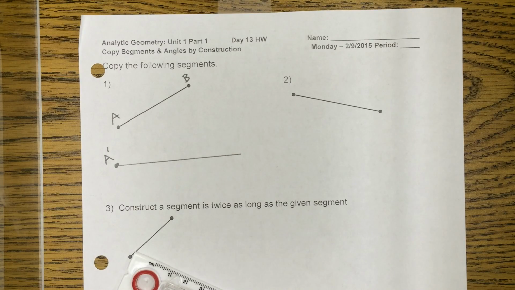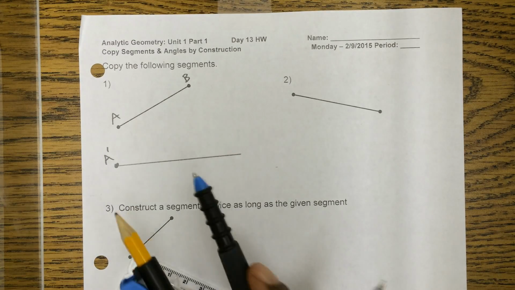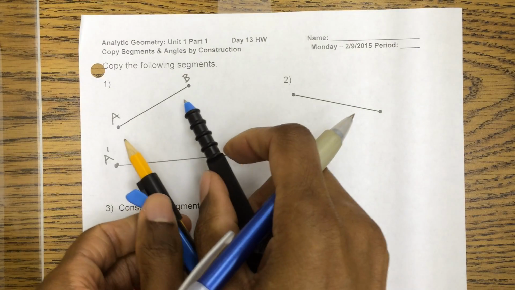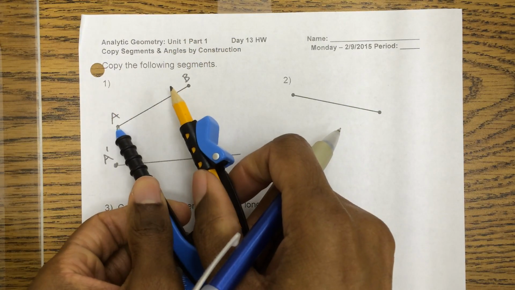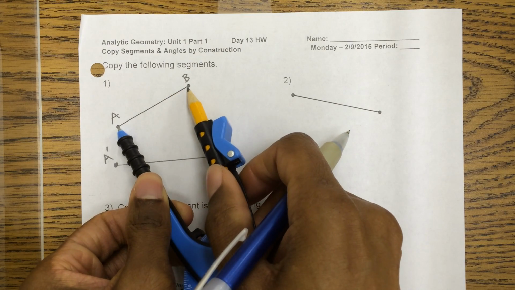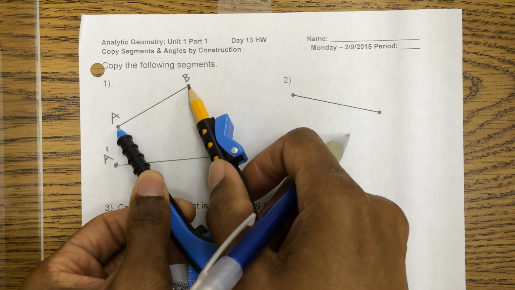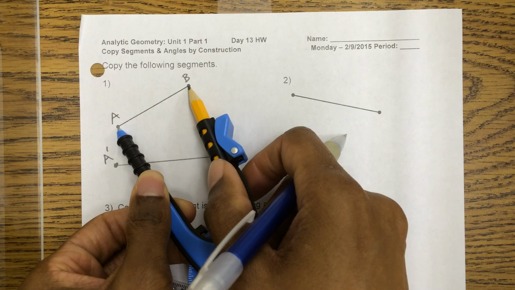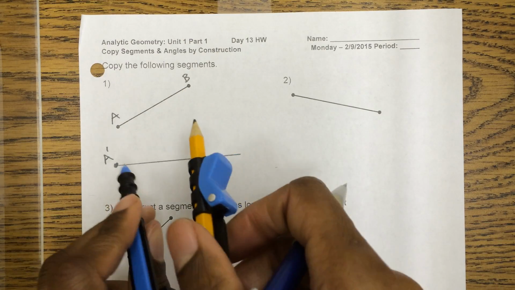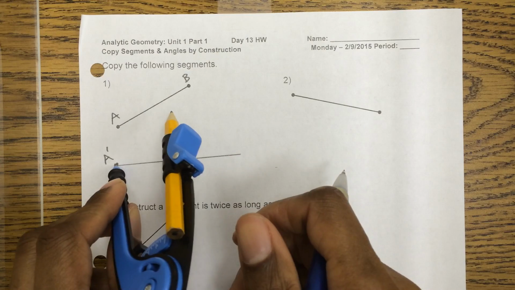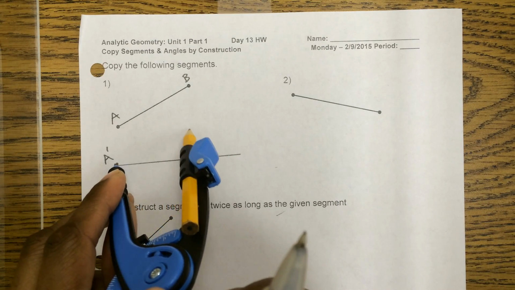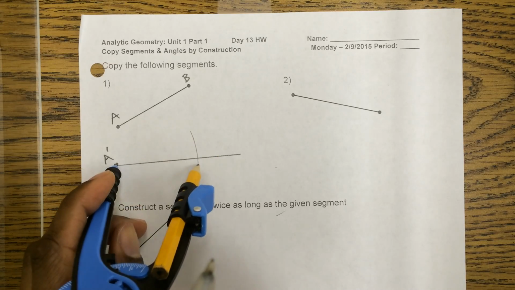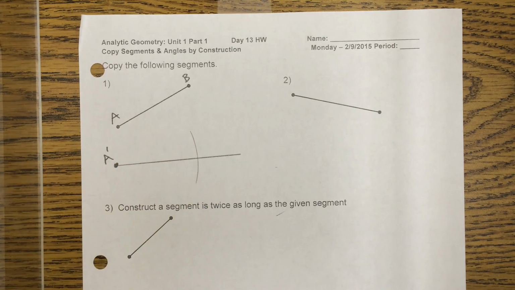To figure that out, that's where my compass comes in. I'm going to use my compass to really measure and figure out exactly how wide this is. Make that exactly the correct length. And then, without letting it move, put the tip of your compass on your new A prime, and draw yourself an arc.